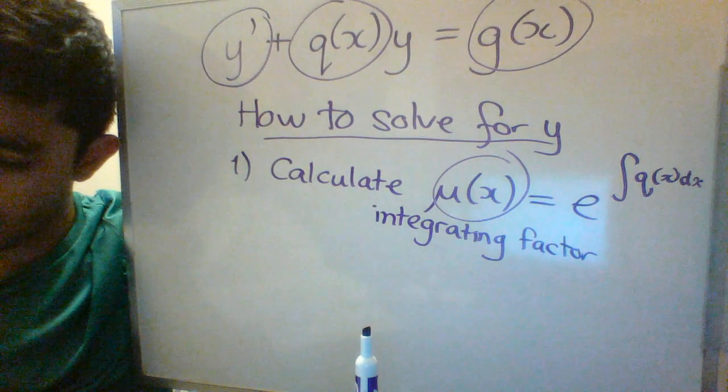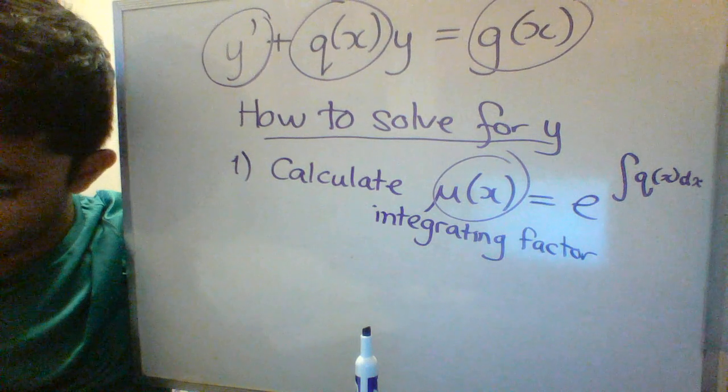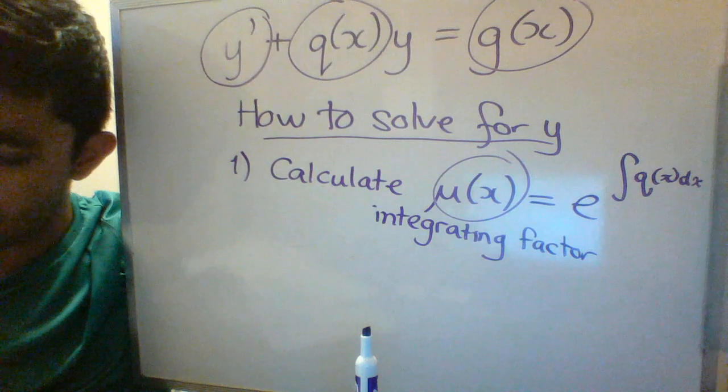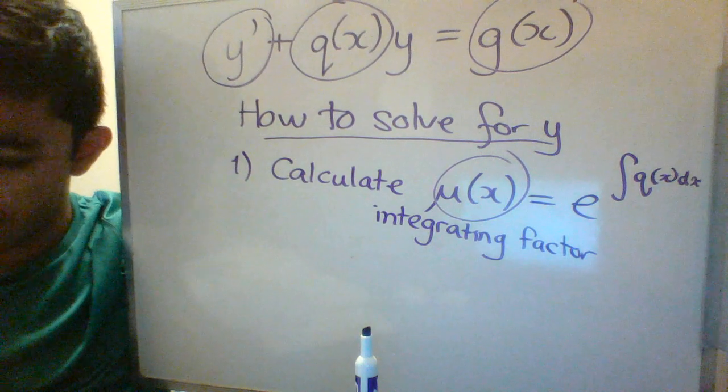Yeah, alright, that's what it's called. That's what it looks like. So we calculate the integrating factor first, and that's mu.